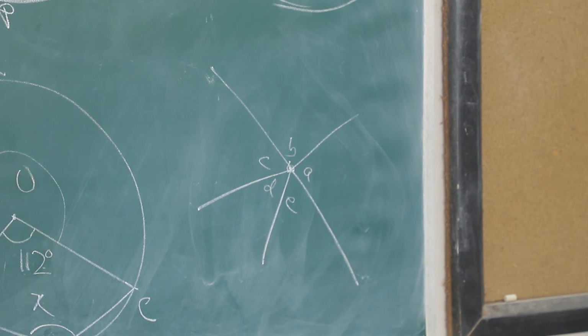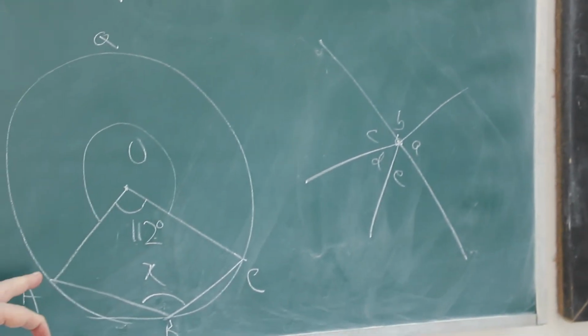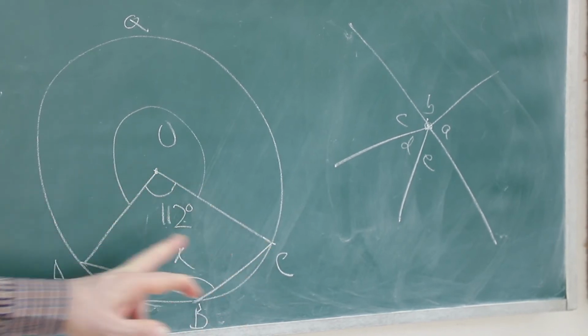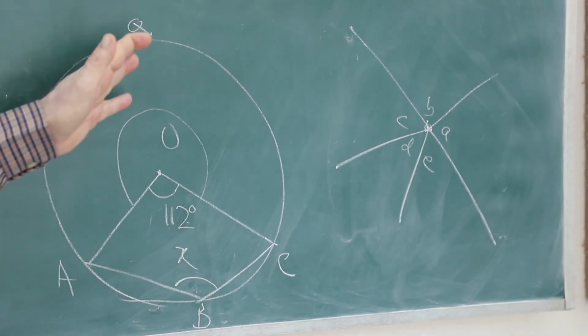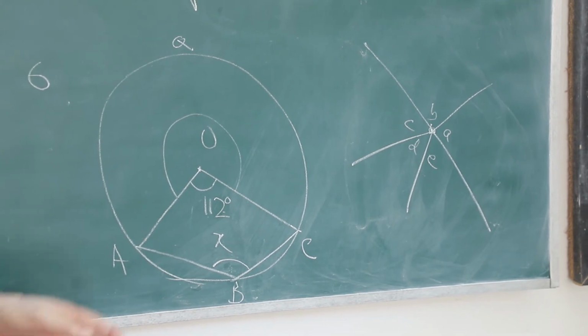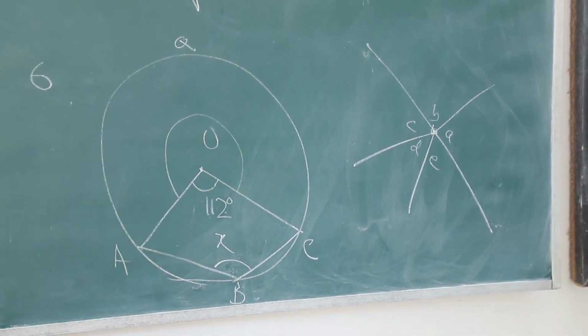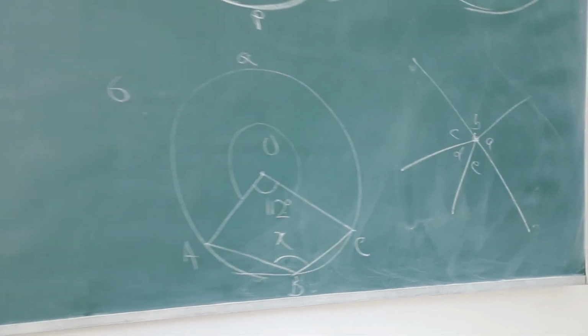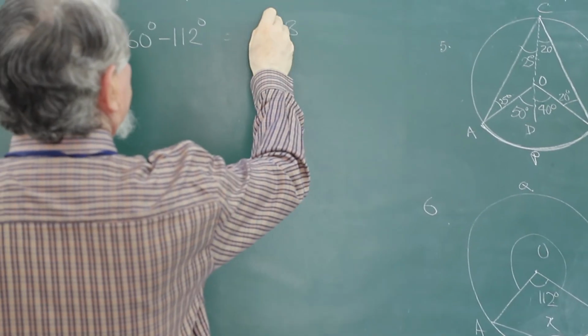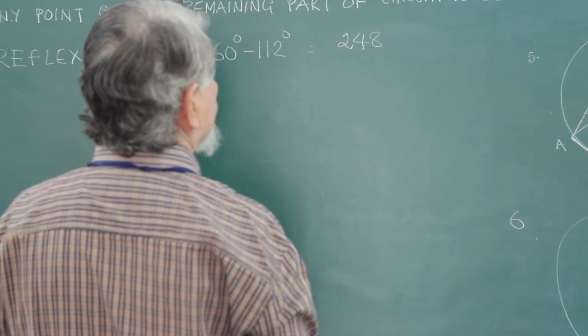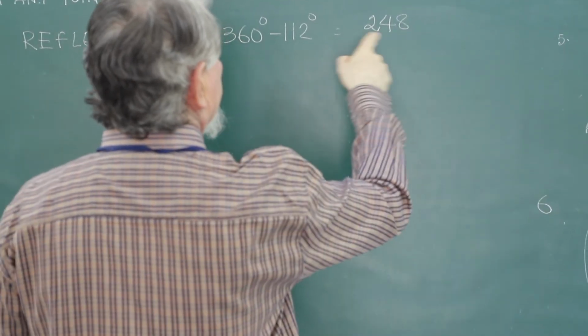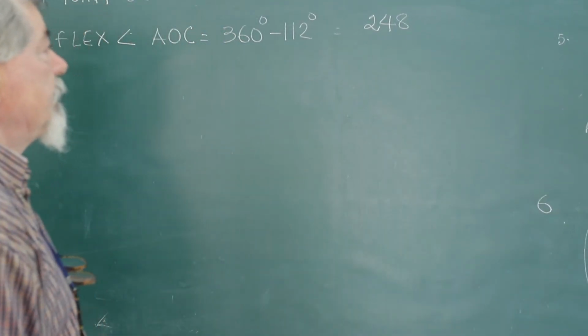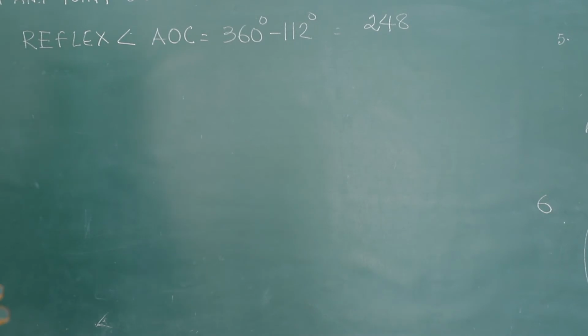Here only two angles are there around this point O. So angle AOC plus reflex angle AOC will be equal to 360. So if I have to calculate the reflex angle AOC, it will be 360 minus 112, that will be 248. Okay.